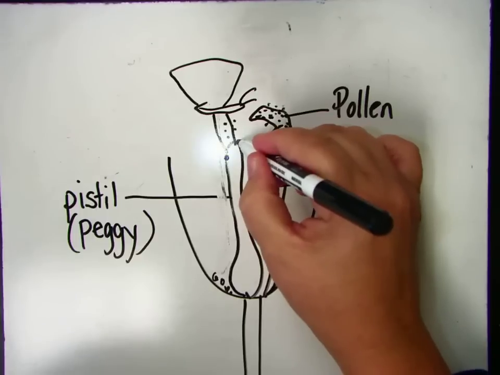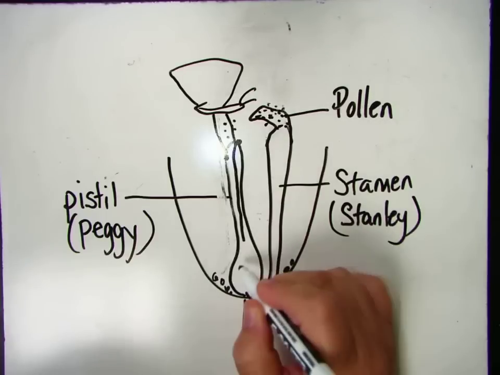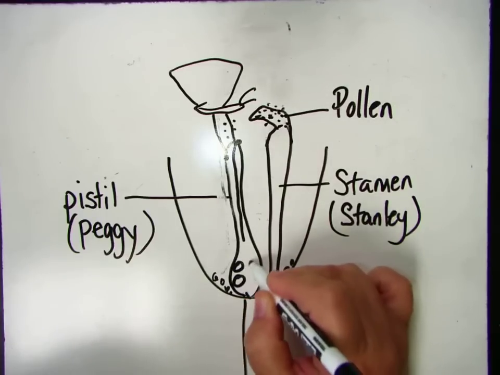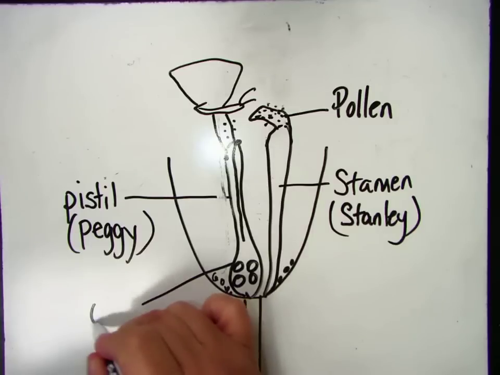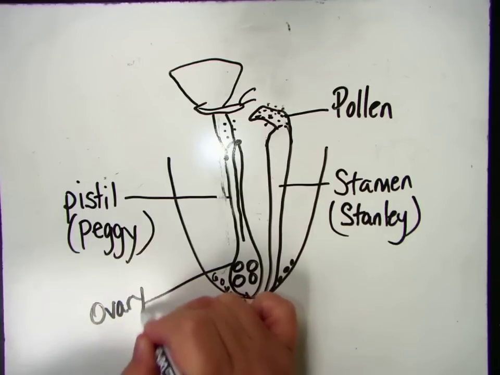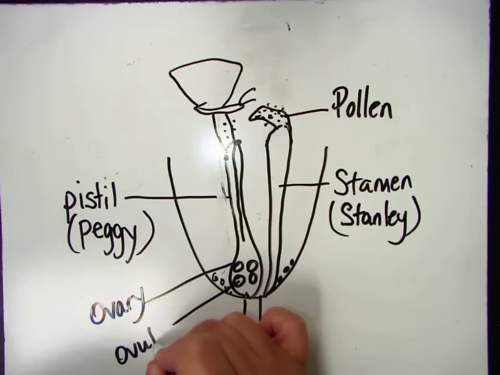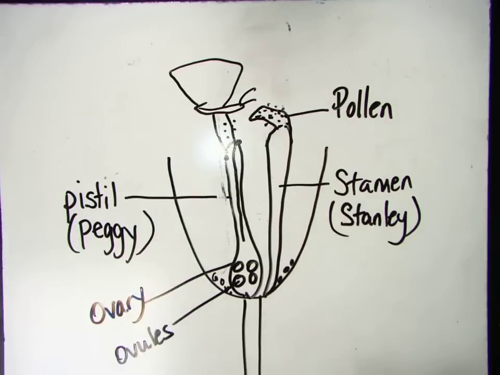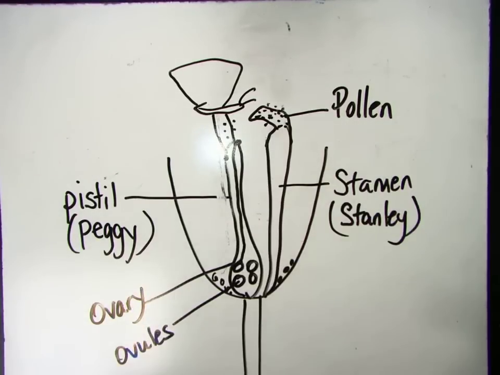And what happens is the pollen actually makes its way down to the ovules in the plant. And this is the ovary of the plant, the swollen part at the bottom, and then the ovules are inside. So those are the eggs. And what happens is the pollen makes its way down and fertilizes one of those ovules, okay?